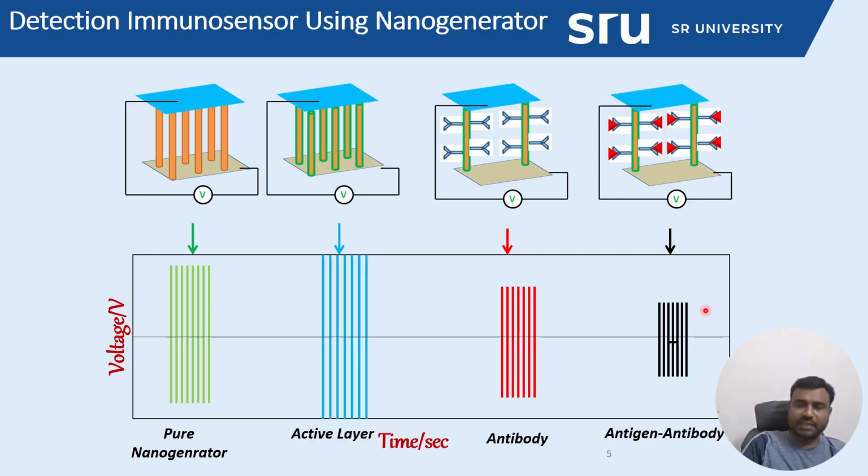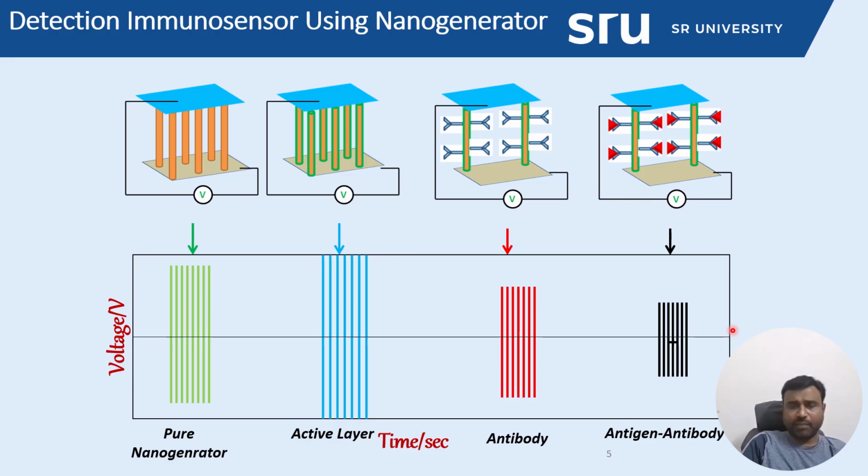Based on the signal strength of the nanogenerator, we can indirectly monitor how much target molecule, like antigen, has successfully interacted with or attached over the antibody. So this is the main key idea for fabricating an immunosensor using the nanogenerator.